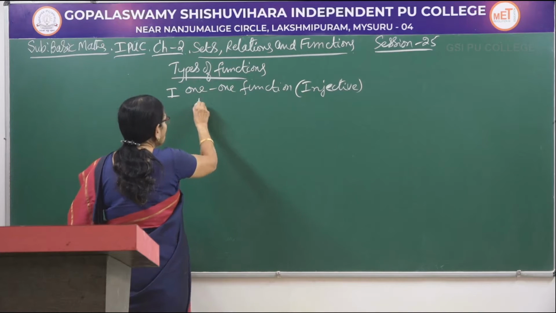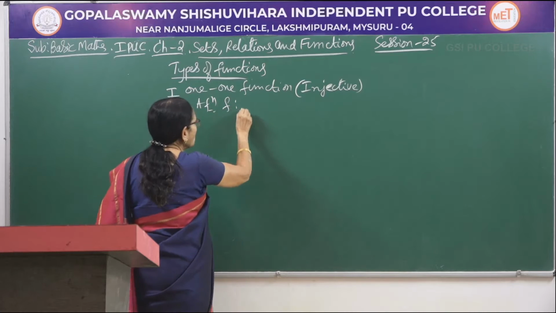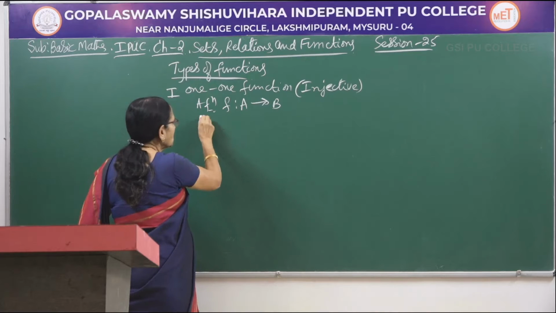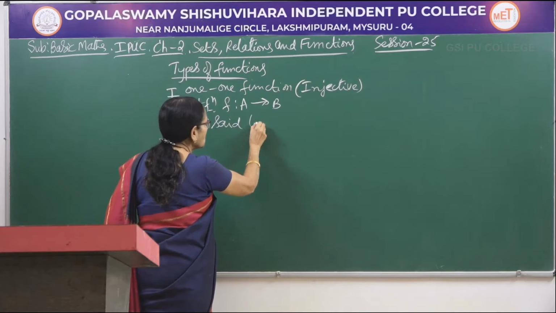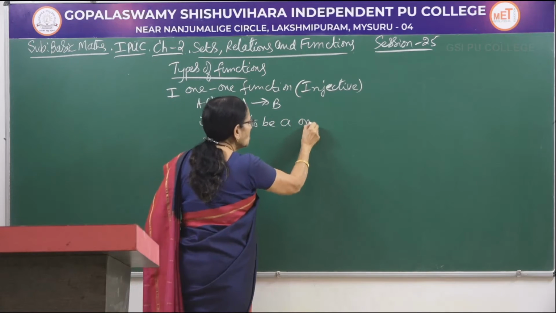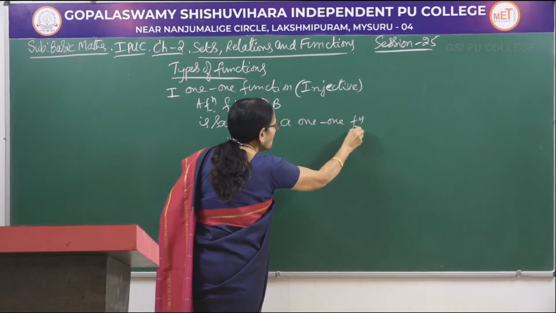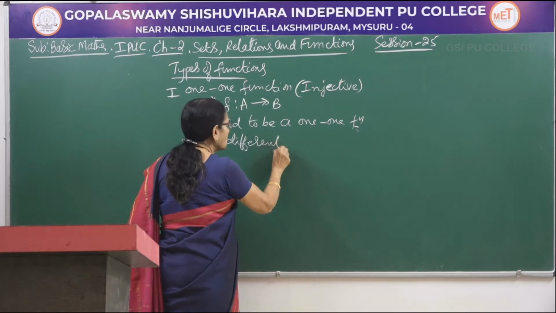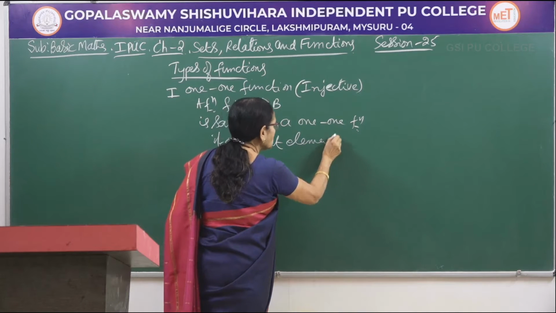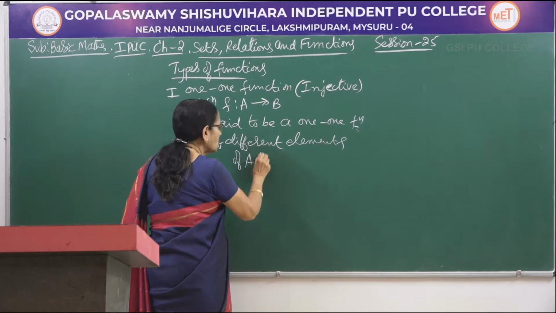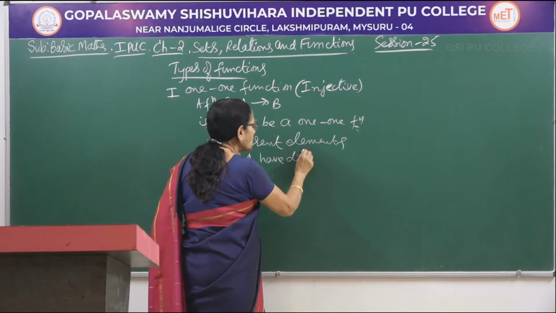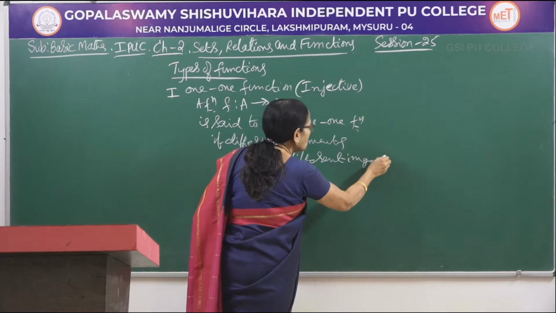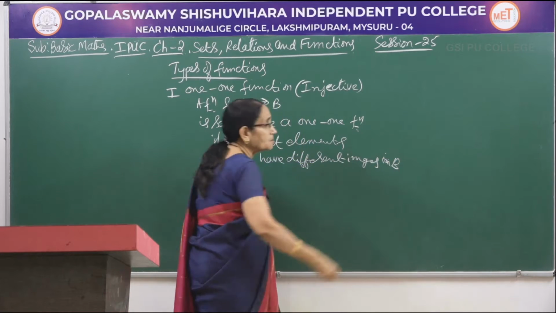First, you write a function f from A to B. A function f from A to B is said to be a 1-1 function if different elements of A have different images in B. This is the definition.